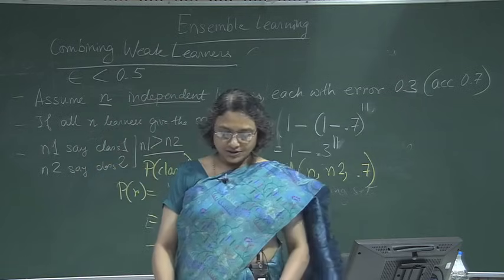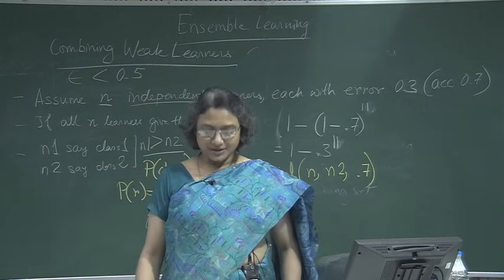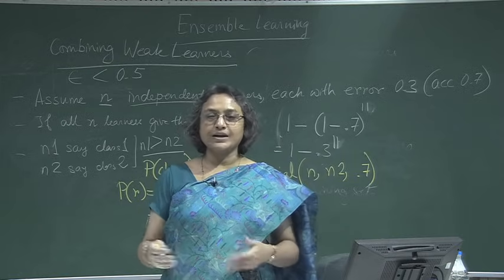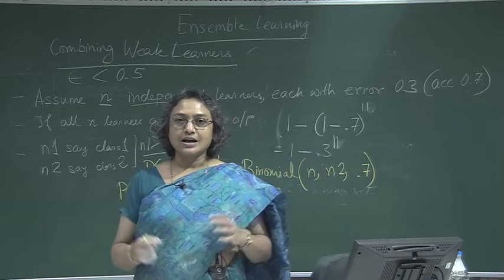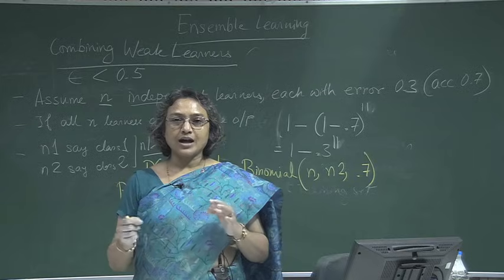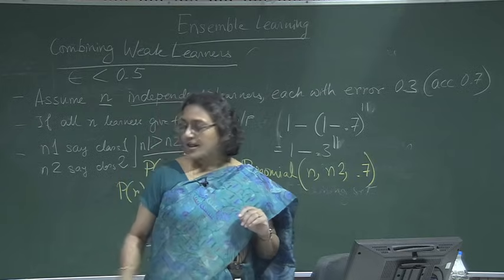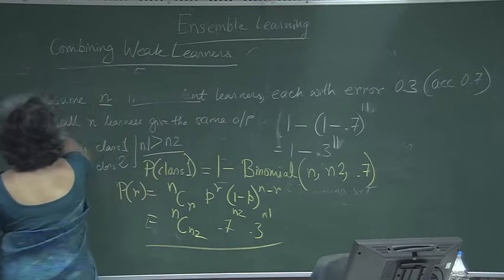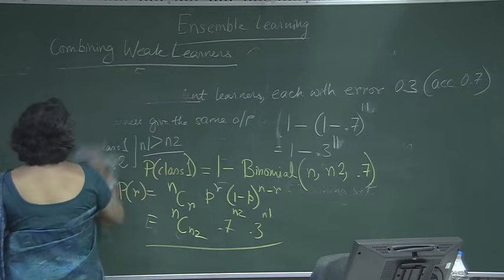This is given by the binomial distribution, and we see that combining these weak classifiers gives us a classifier with higher accuracy. Now, next we will look at how learners are combined, the mechanism of combination.